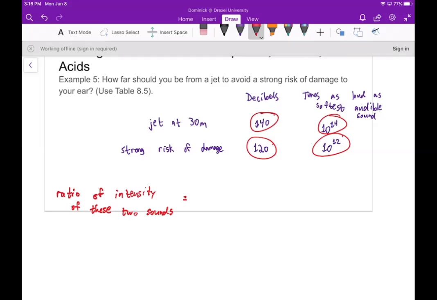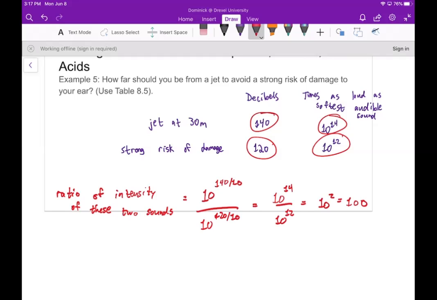So the ratio of the intensity is 10 to the 140 over 10 over 10 to the 120 over 10, which of course would give you 10 to the 14th over 10 to the 12th, which would give you 10 squared, which is 100.